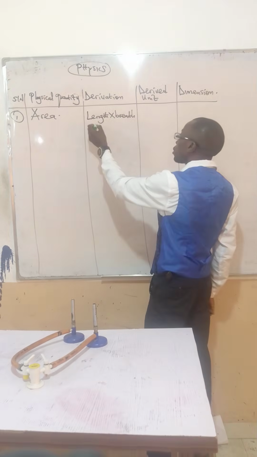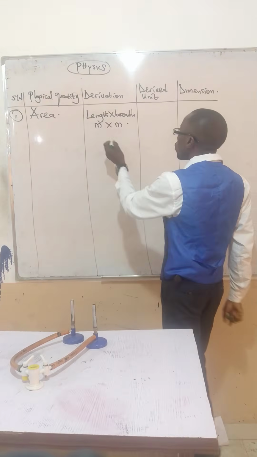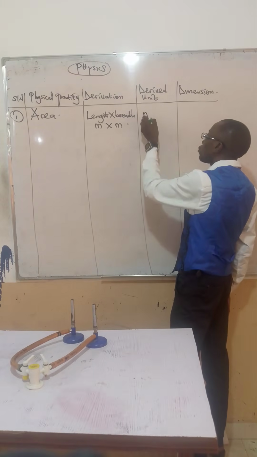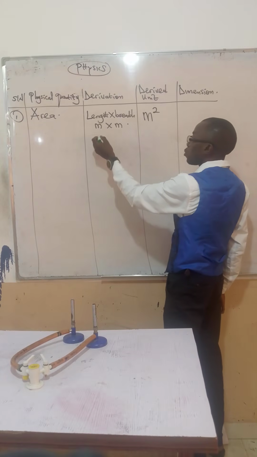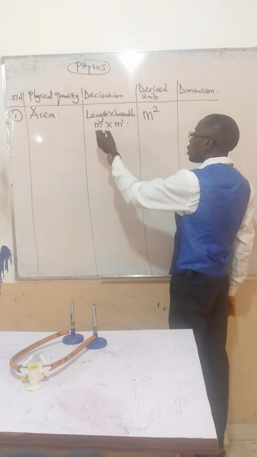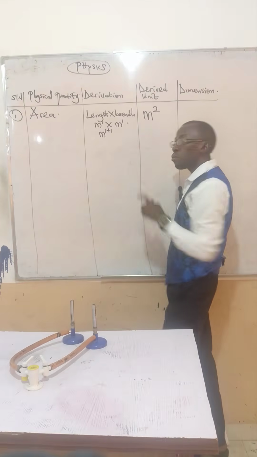Length is in meters, breadth is also in meters. Then you have meter raised to power 1 times meter raised to power 1, which will give you meter squared. That is from indices: 1 plus 1. Now we have area to be in meter squared.